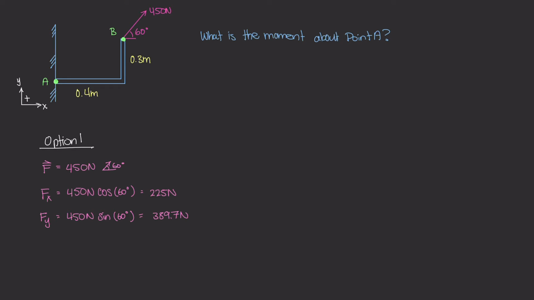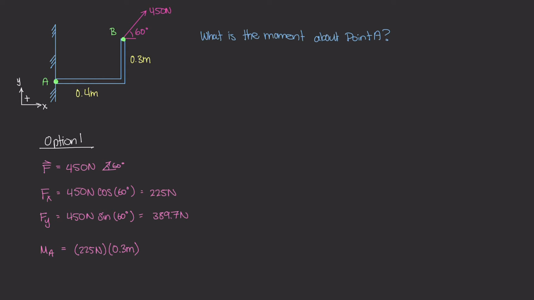So down here, the moment about A is going to be, well, let's do the x component first. So this component right here has a value of 225 newtons. And the perpendicular distance between this component and point A is 0.3 meters. So I'm going to multiply this by 0.3 meters.